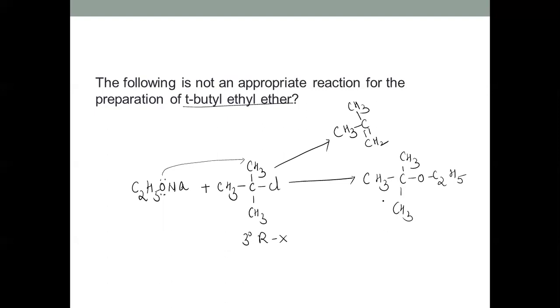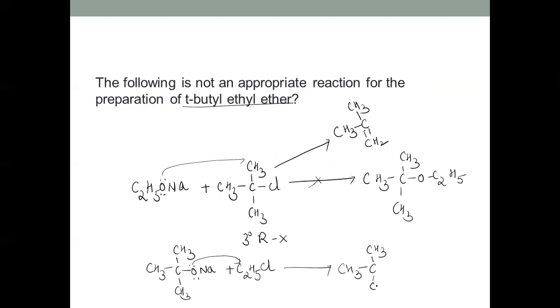So for this reaction to occur, what are the reagents we should use here? Just the reverse of that. CH3, C, CH3, CH3, ONa plus C2H5Cl. Yes. Now this will act as the nucleophile, resulting in the formation of this particular product.